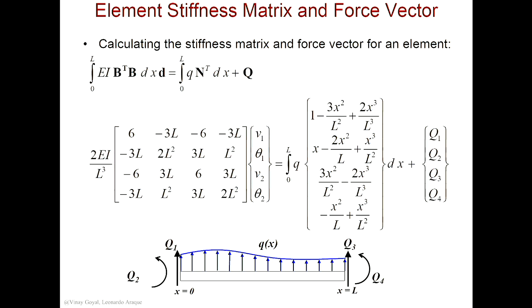It's 4 by 4, and you have V1, theta 1, V2, theta 2. And then this is your distributed force vector, okay? And then you have the internal loads, Q1, Q2, Q3, and Q4, which are internal loads to the element. And so here is your vector for that. So now you're ready to solve any problem that you want to do.